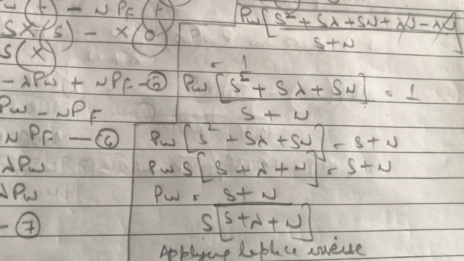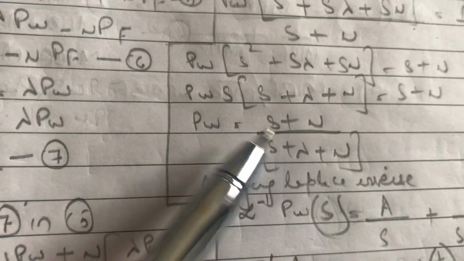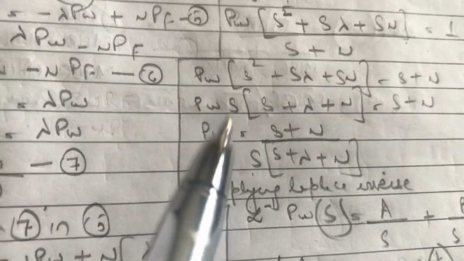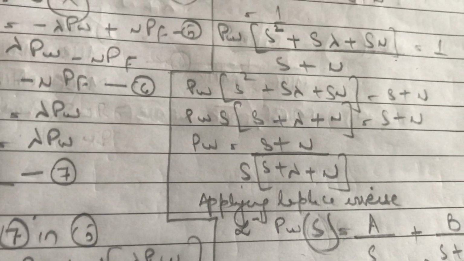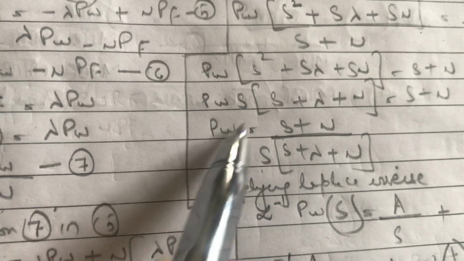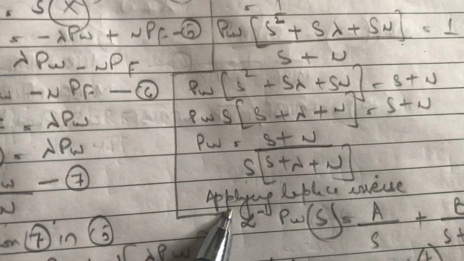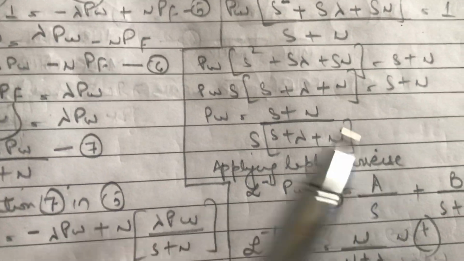Now obviously we have taken our equation in the s, Laplace domain. Now our task is to bring it again into the t domain, the time domain. So again we have to apply the Laplace inverse, obviously.